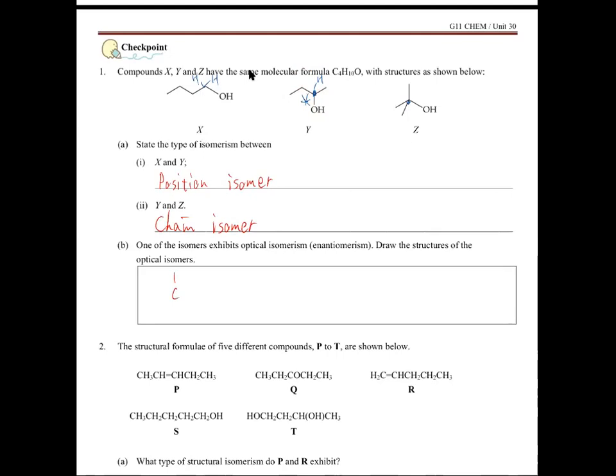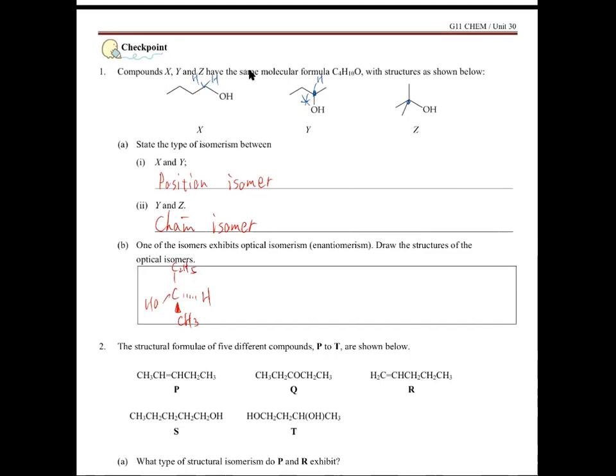It doesn't really matter how you put them. I'll just give you an example. I will put the ethyl group here, then the OH group, and then the methyl group and also the hydrogen.